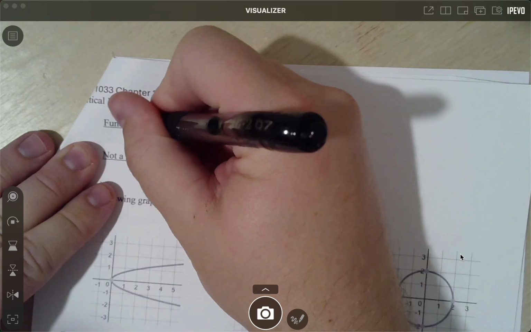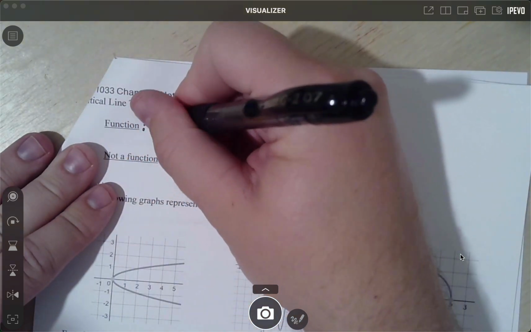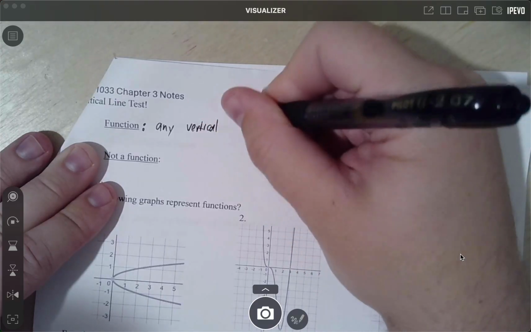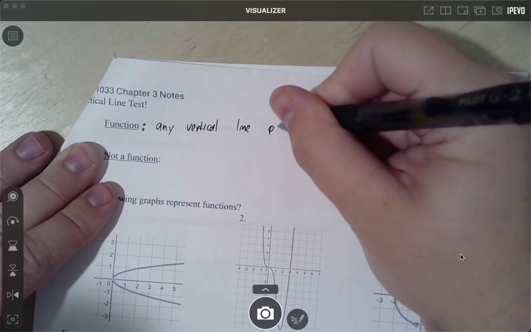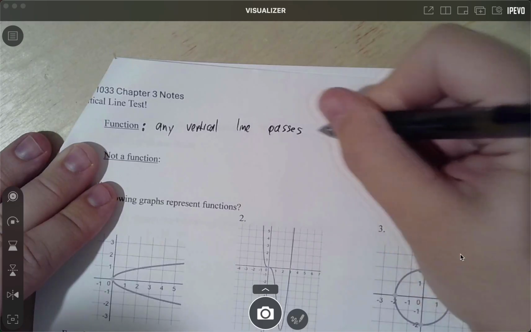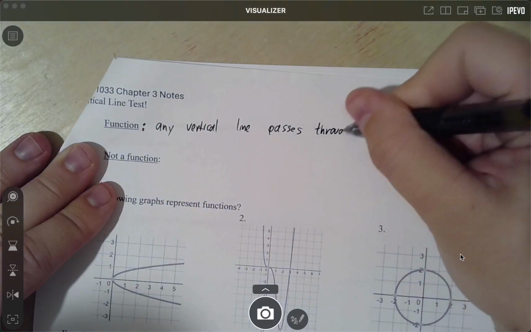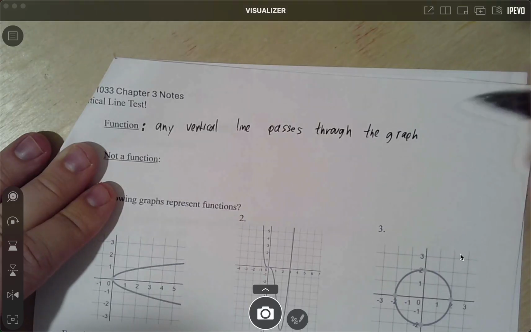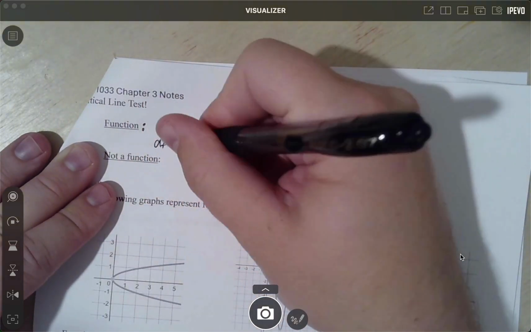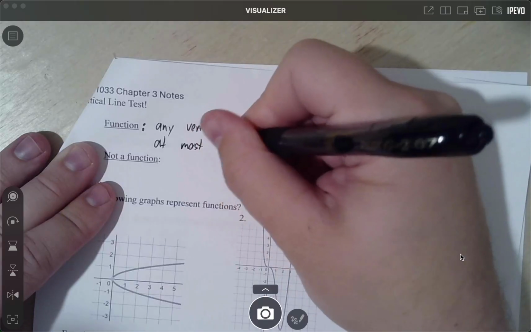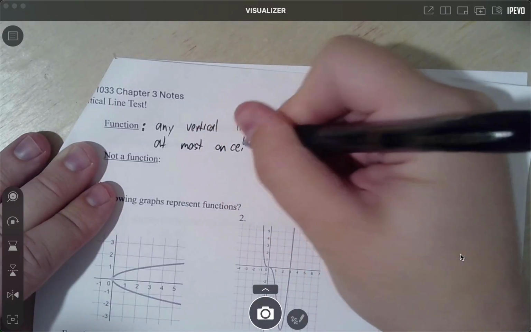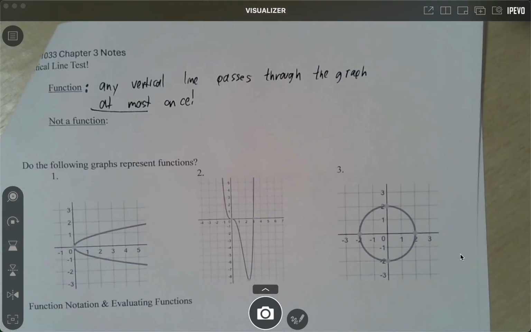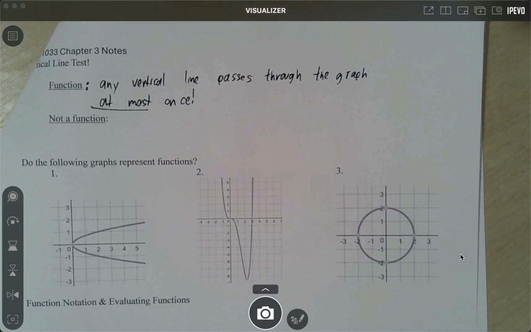If you're a function, it means any vertical line, and watch this wording, passes through the graph, and careful again on this wording, at most once. At most. It doesn't have to touch the graph ever at a certain point. It just cannot touch it twice.